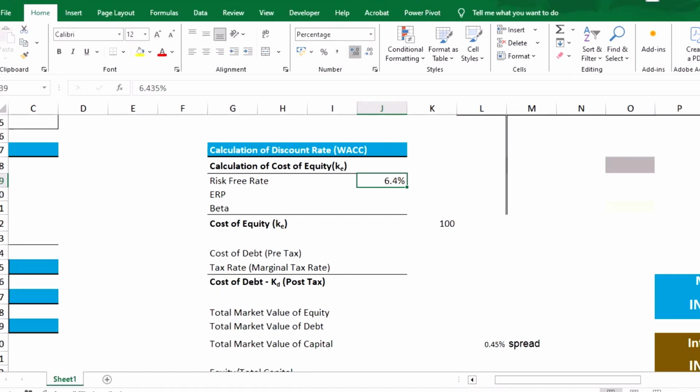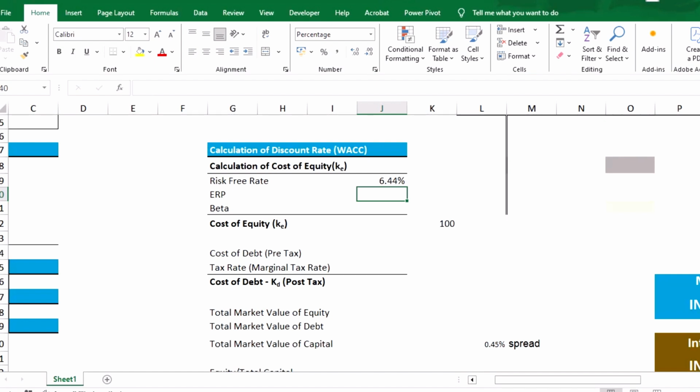Next is our equity risk premium. See, what we are trying to find with cost of equity: cost of equity tells us how much return an investor would expect for investing in a particular security or company. In our case, that is Infosys.